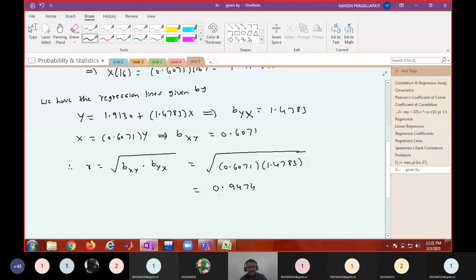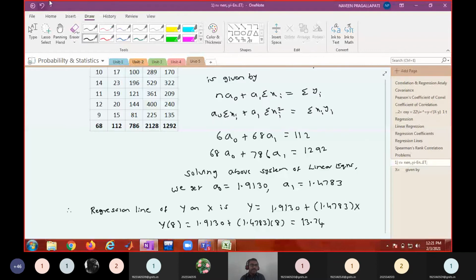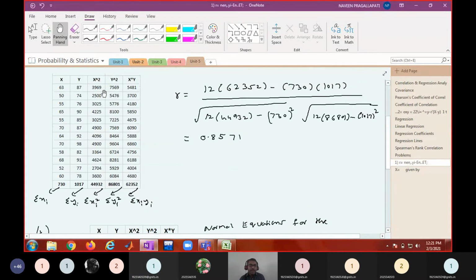So if it is 0.9474, let us discuss different ways of doing this problem. Now this is one way of finding the regression coefficient. What is the other way? Because the data is there, by using this formula you compute r.